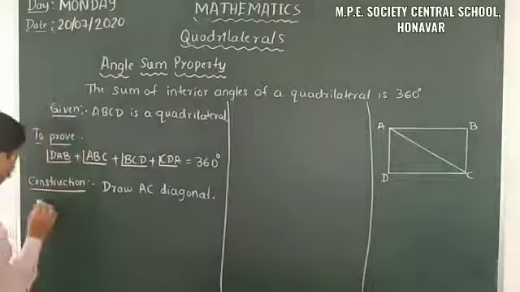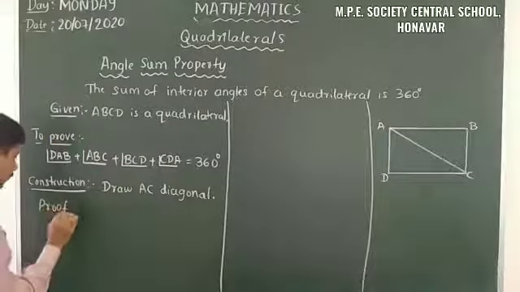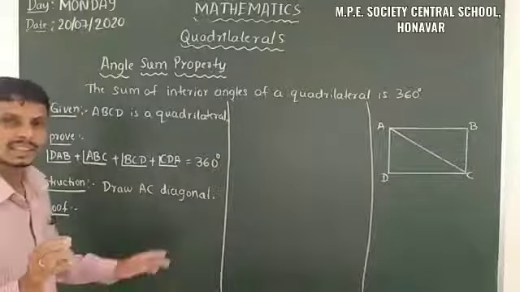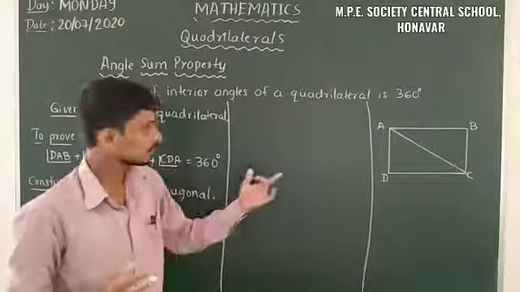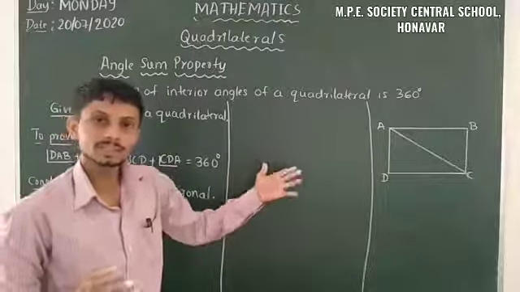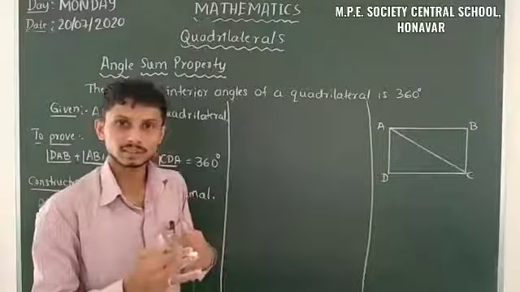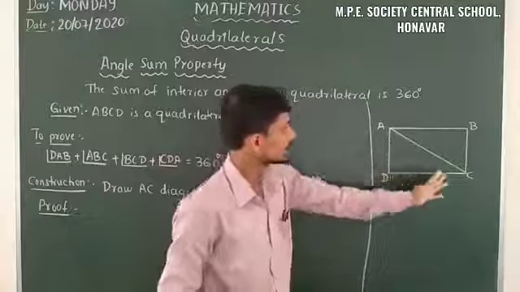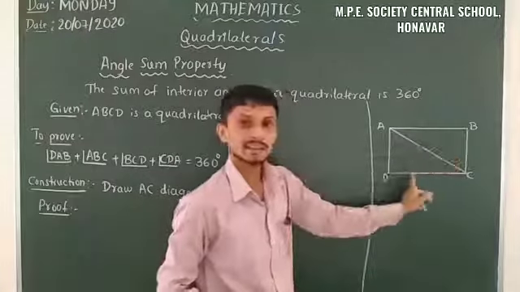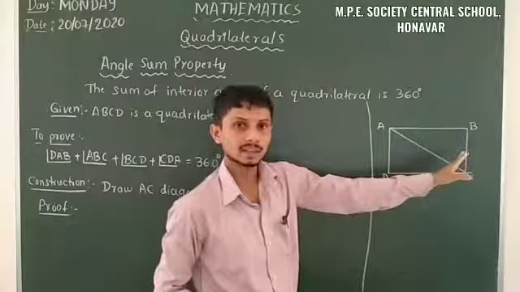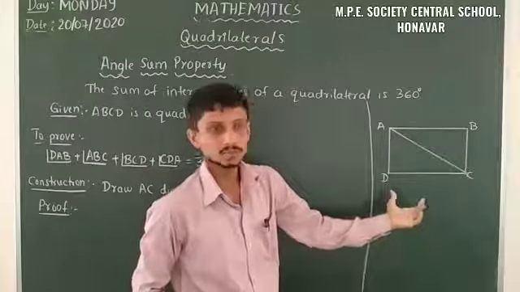After that we go to the proof. To prove it easily, we take some assumptions. There are many angles in the first triangle and the second triangle, so we have to name them.